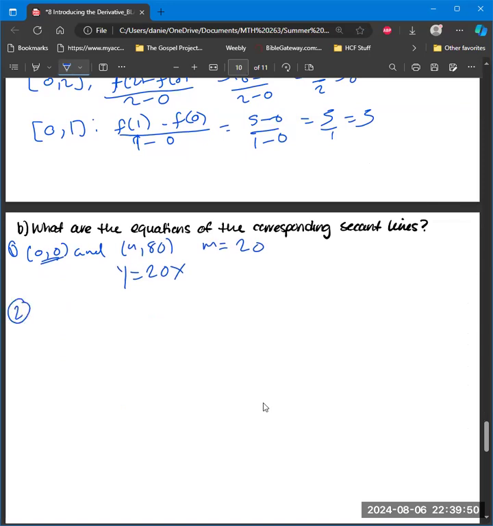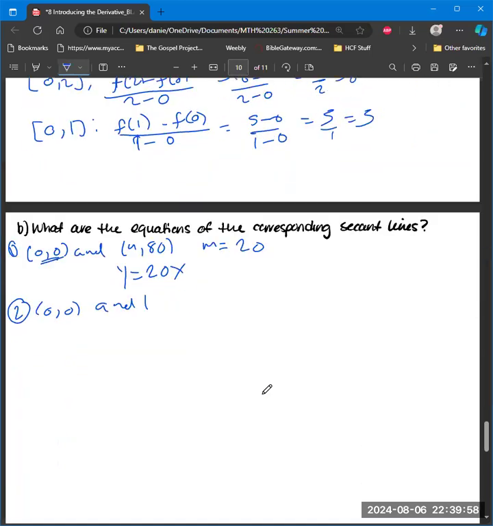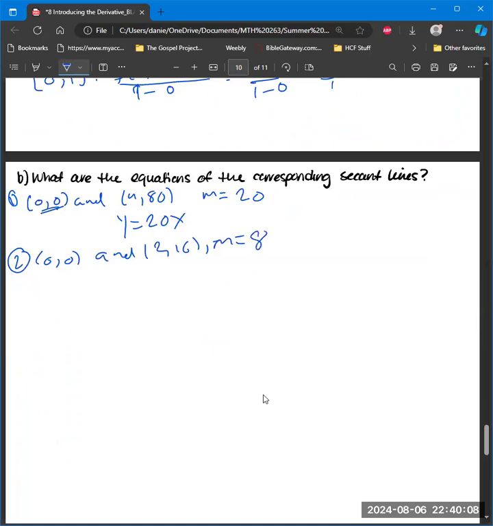For the second one, we have 0, 0, and the point 2, 16, and m is equal to 8 there. So again, we're going to do y equals mx plus b, where b is 0.